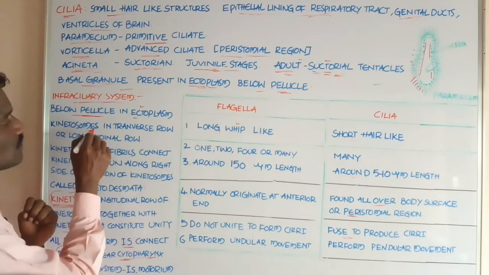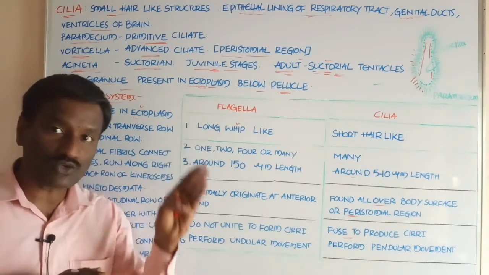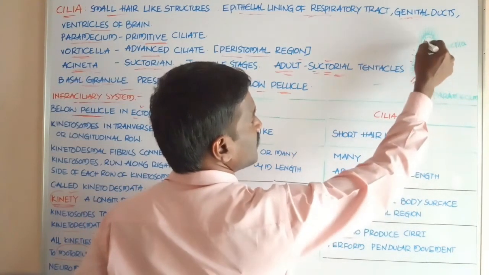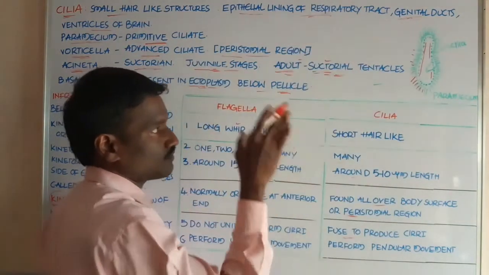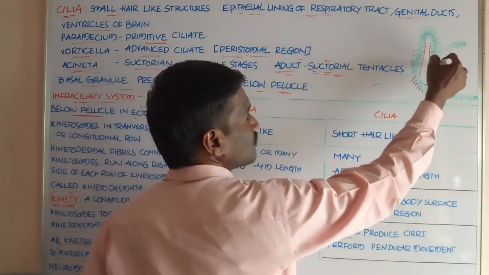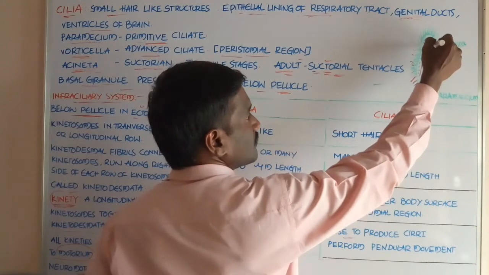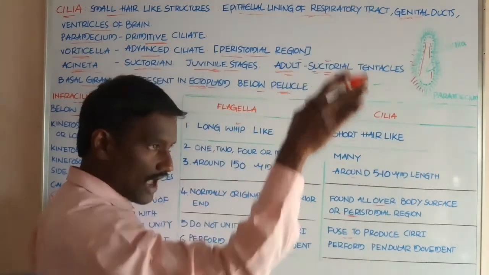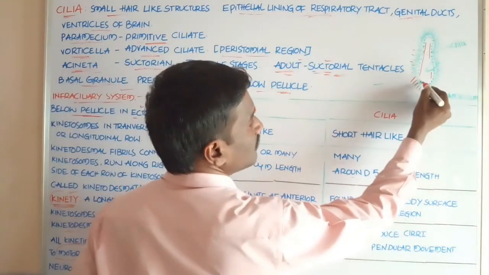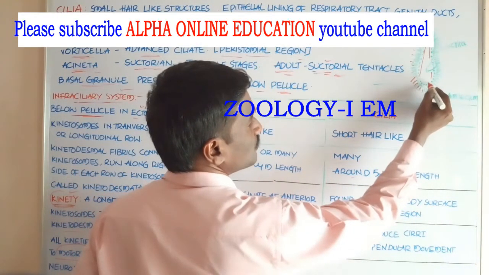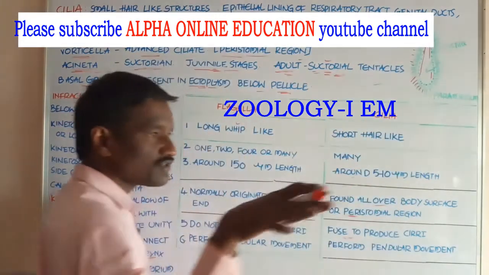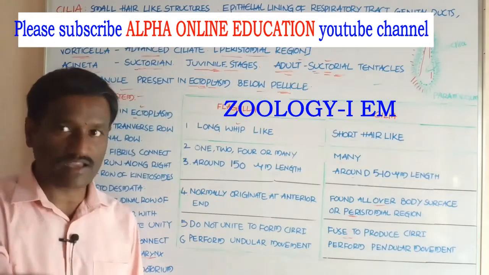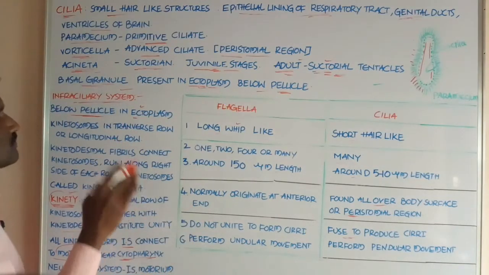Students, kinetosomes are dot-like structures arranged in longitudinal rows and in transverse rows.